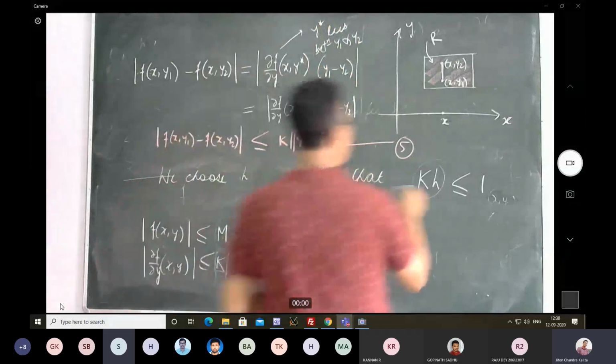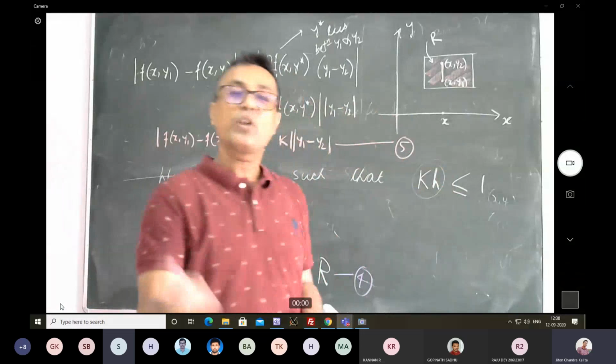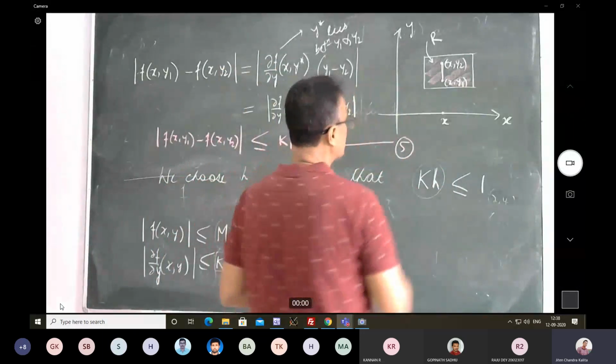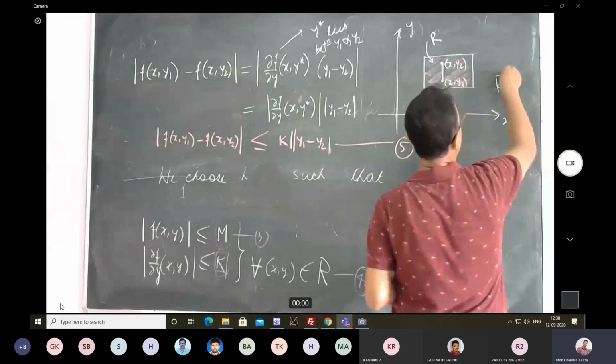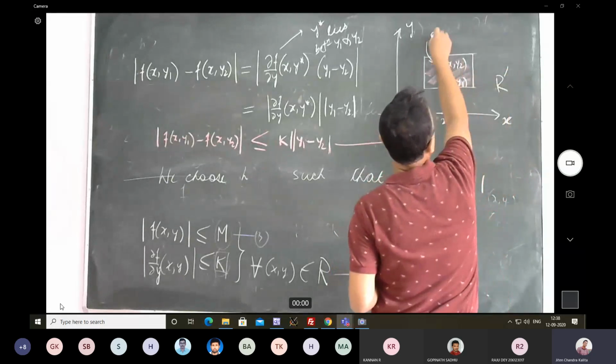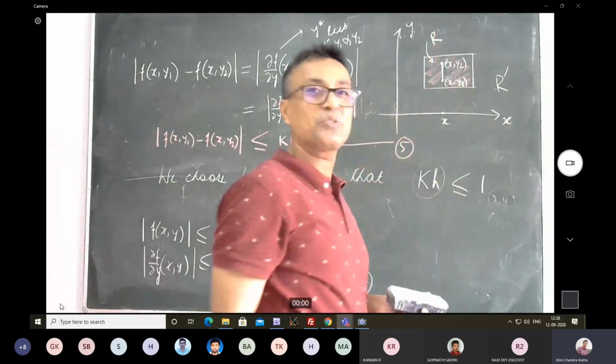The choice of this h is going to allow me to define a sub-rectangle R prime inside this rectangle R. Let us see how we are going to do it.